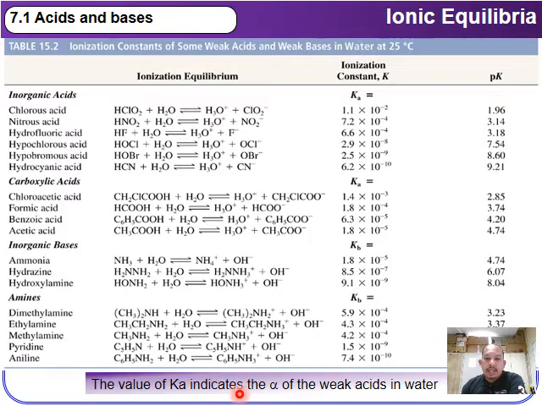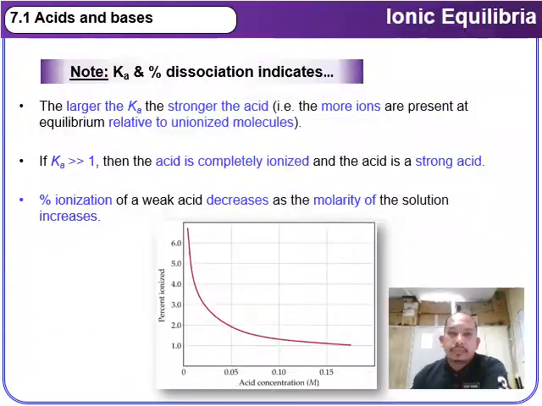The value of Ka indicates the degree of dissociation of a weak acid in water. This means the lower the Ka value, the weaker the acid is in water. The larger the Ka value, the stronger the acid, meaning more ions are present at equilibrium relative to unionized molecules.